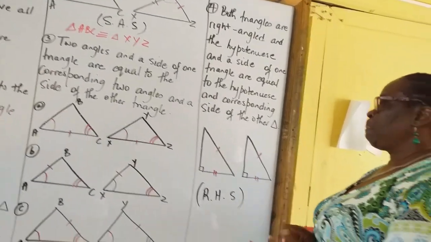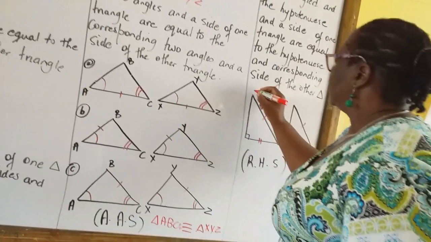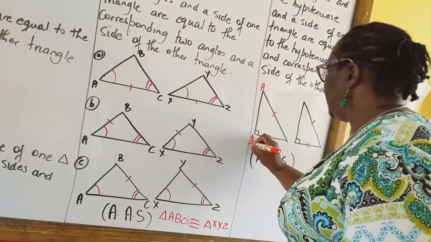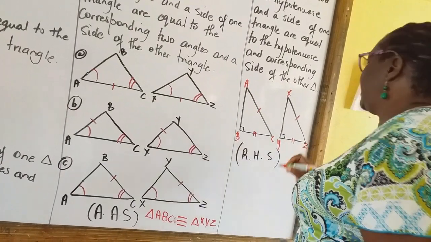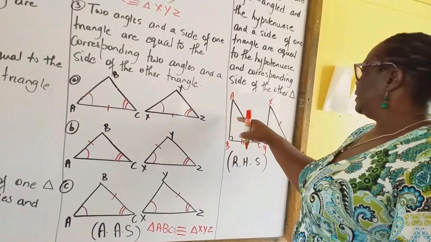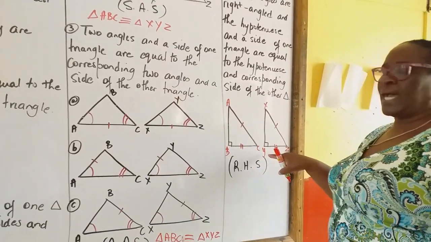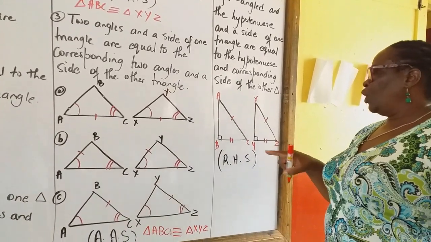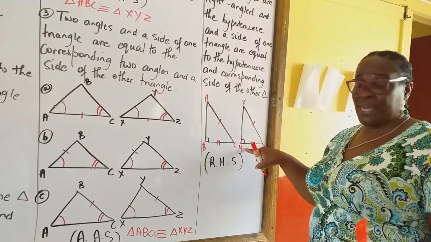That's what it means. So here we have triangle A, B, C, and triangle X, Y, Z. So we find that side BC is equal to side YZ. We also find that angle B is equal to angle Y. Both of them are right angles.